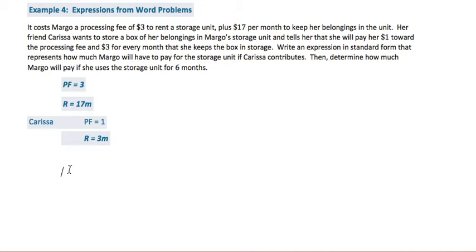So, first of all, our expression, which is 3 plus 17n. And it's easy to put together if we write and label everything first. So the processing fee plus $17 per month, that is how much is going to have to be paid for the unit.